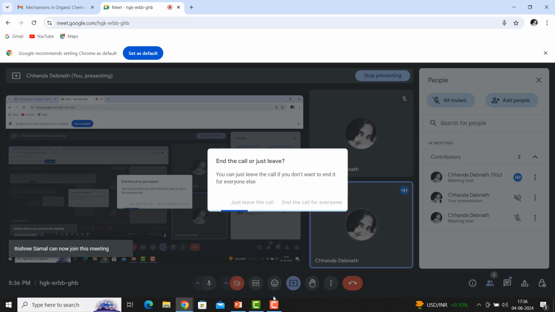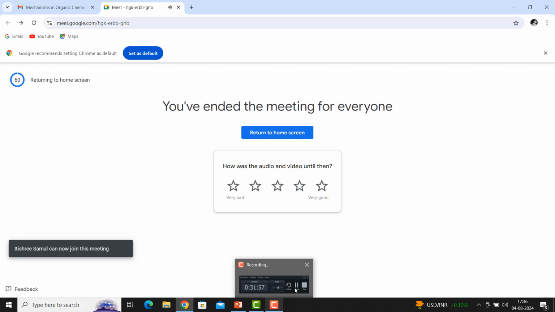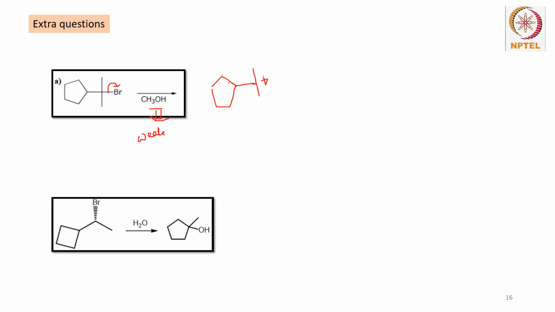Now this carbocation is a 3 degree carbocation.